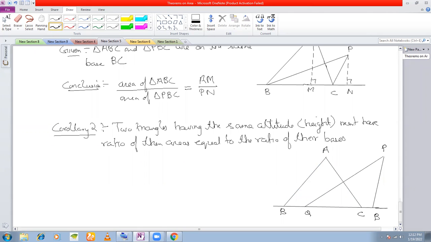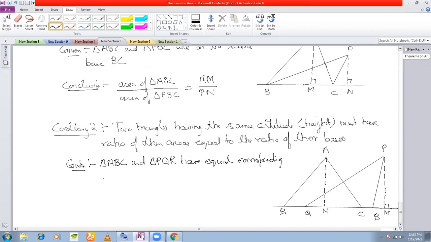Let me just produce this such that this altitude here of this triangle, let's call this PM, and this altitude here, let's say AN. These two are equal. So given here, triangle ABC and triangle PQR have equal corresponding altitudes, but they are on different bases, which may not be equal.